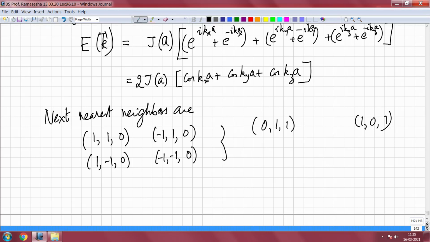Okay, so if we write down what it looks like for this class of neighbors, then we would be able to generalize it to the others.